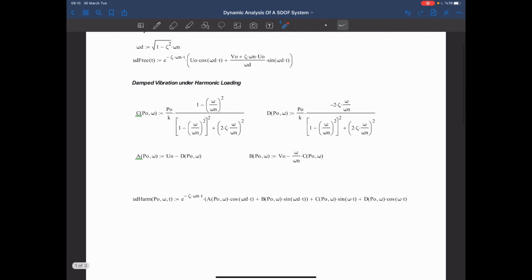And we have the damped vibration under harmonic loading. So these are the C and D coefficients. We say that when time is equal to 0, we should have U0. So that will be our coefficient A, and that will give us the coefficient for B.